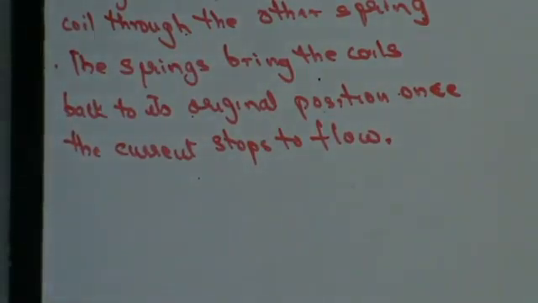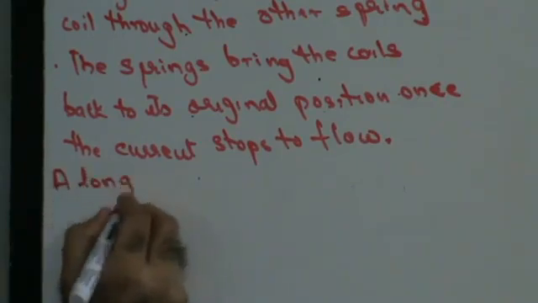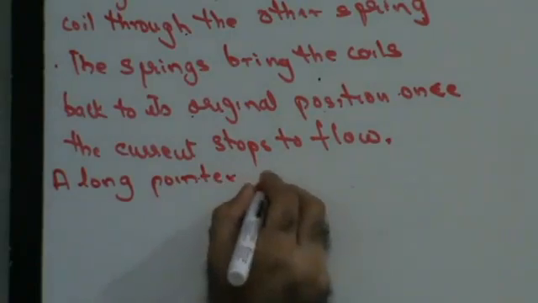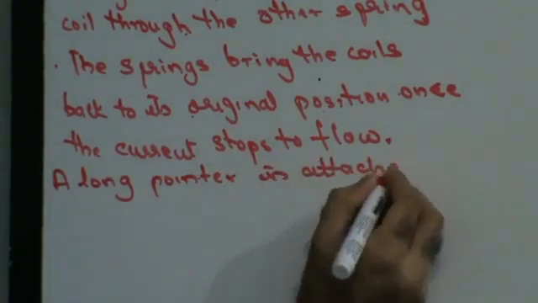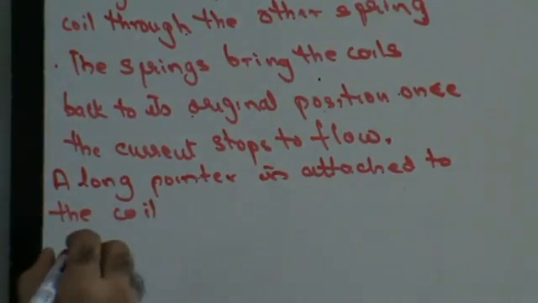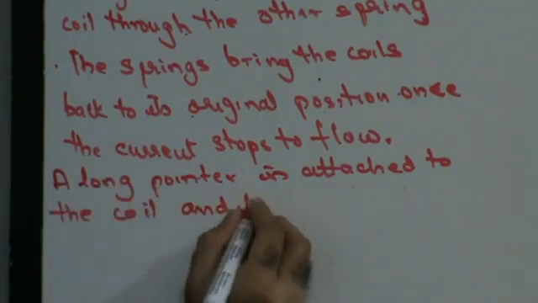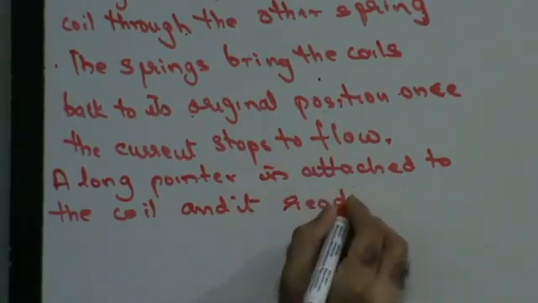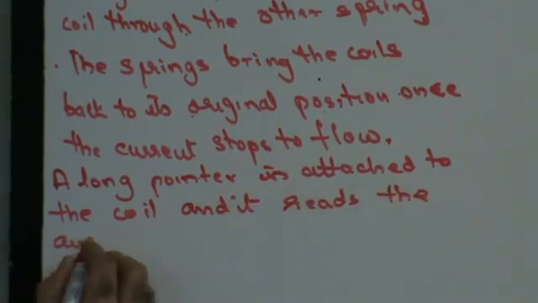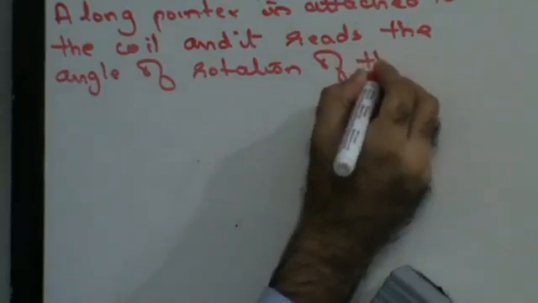So that's your mechanism to bring the coil back to its original position, and you have a long pointer attached to the coil. A long pointer is attached to the coil, and it reads the angle of rotation of the coil on the scale.